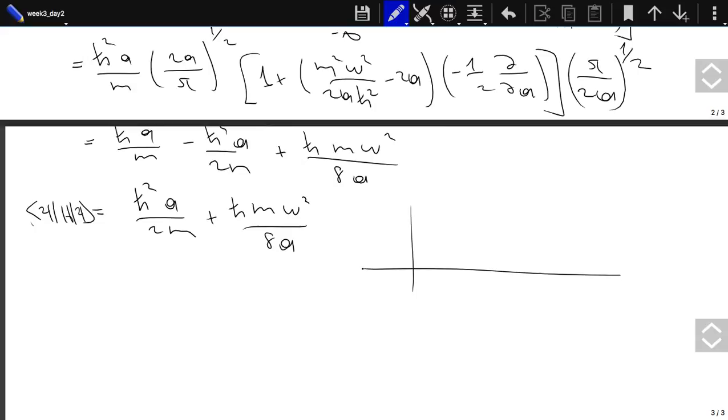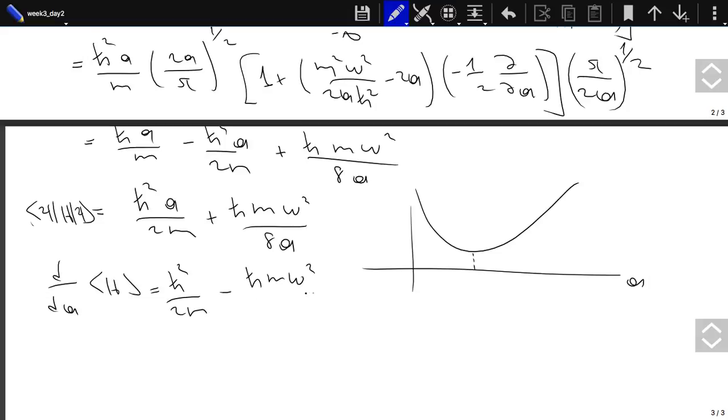Now if you plot it, as a goes to infinity, it goes to infinity because of the first term. As a goes to 0, it again goes to infinity because of the second term. So it just looks something like this. So there's a minimum somewhere over here. We have to find it. So let's find it. dH by da is equal to h bar squared over 2m minus h bar m omega squared over 8a squared.